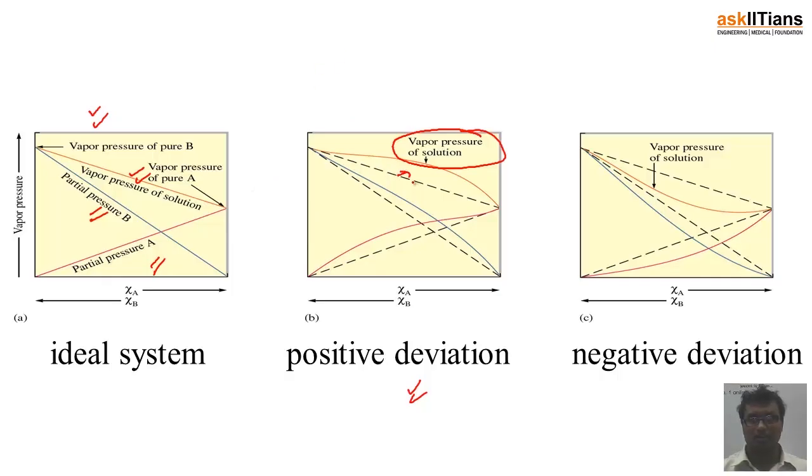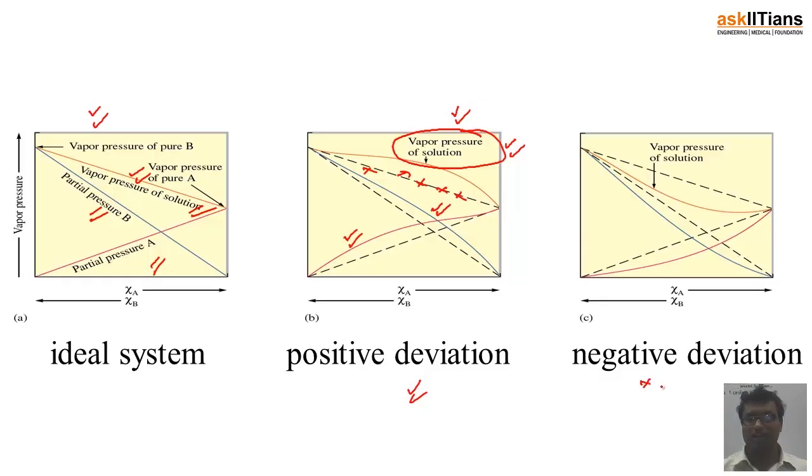This was the normal vapor pressure of the solution, and because of higher escaping tendency, the vapor pressure of the solution is increased. So this results in this kind of graph. Why? Because the partial pressure of A and partial pressure of B are both increasing. Also the vapor pressure of the solution is increasing.